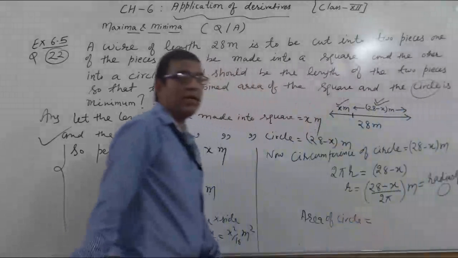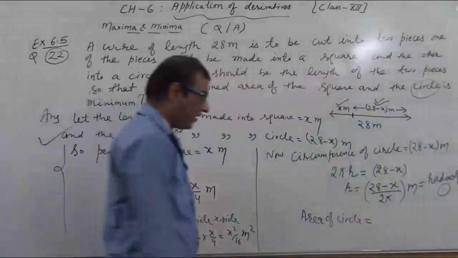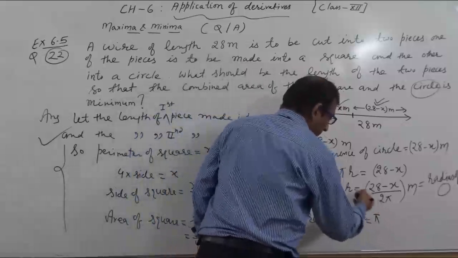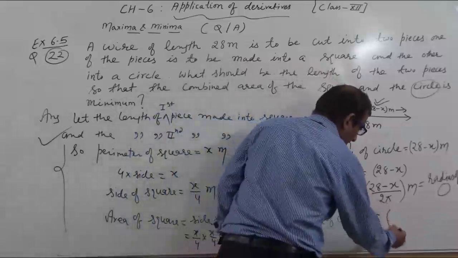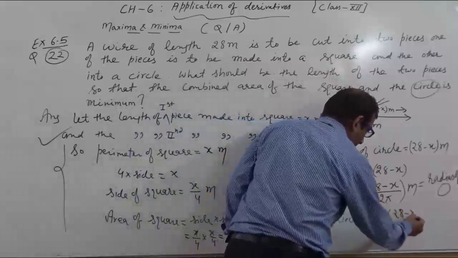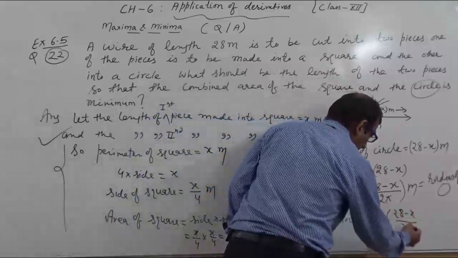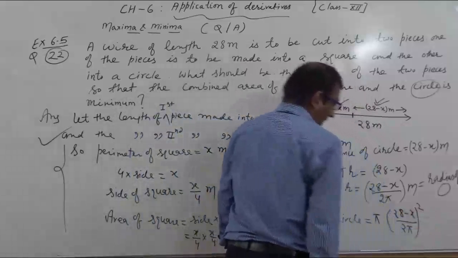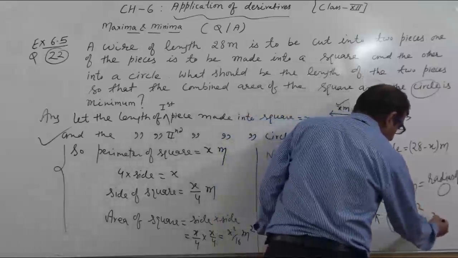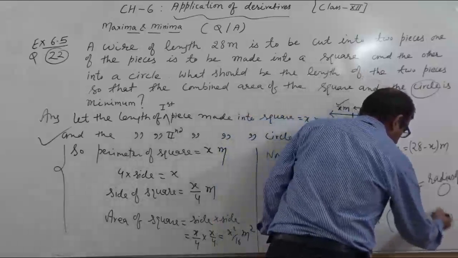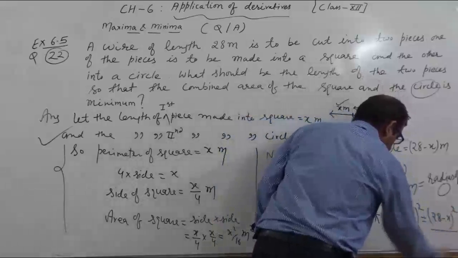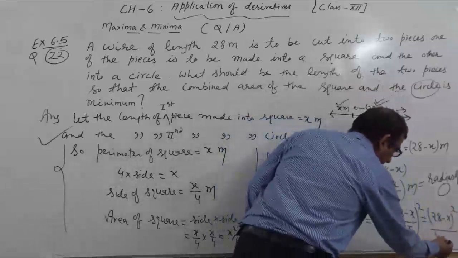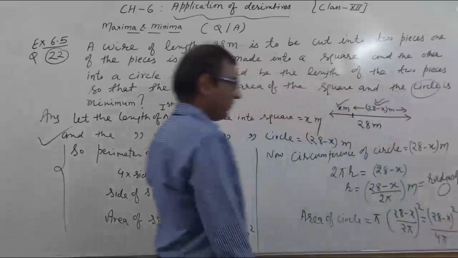After this we will calculate the area of circle. What is the area of circle? πr². So π as it is, and we put the value of r. It can be written as π times ((28 minus x) upon 2π) whole square, and if we solve it, what will we get? (28 minus x)² upon 4π, right?